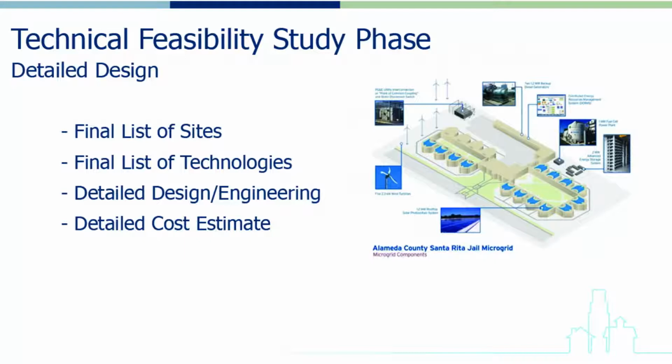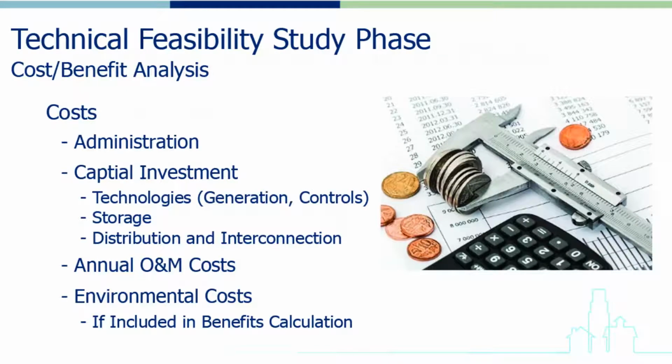A set of detailed design and engineering documents that will describe precisely how the microgrid will work, how the technologies will run, how they will connect to the microgrid, and then how the microgrid itself will interconnect to the overall electrical grid. And then finally, a detailed cost estimate of the cost to procure and install the equipment, the cost to develop and construct the distribution infrastructure for the microgrid, and ultimately an estimate of the cost to own and operate the microgrid.